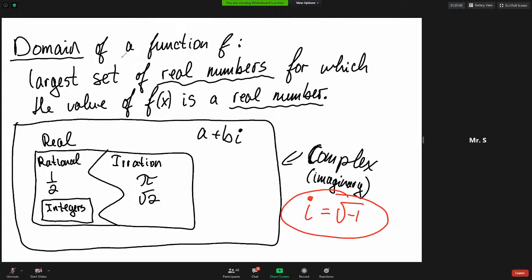So for now, for our domain, we only have really two things to watch out for in the beginning. We have to have the number defined. It has to be defined. And what do we know is not defined? What's undefined when we work with numbers? i is defined, but it's not real. i is defined as square root of -1.